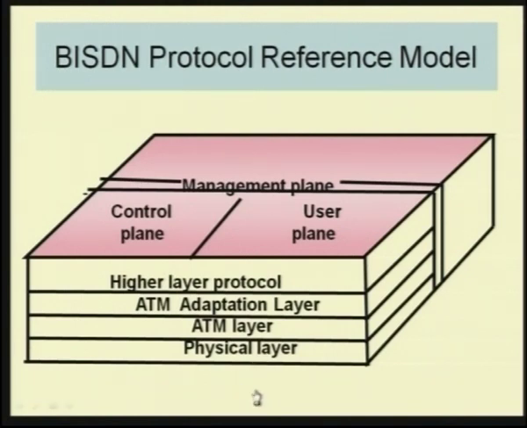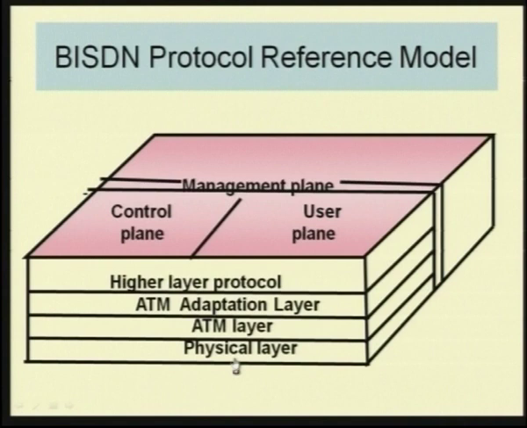You can see that there are basically 3 planes of operation that we talk about. We have something called a control plane, a user plane and a management plane. So, you have different functions that will need to be carried out by a BISDN protocol. That is, there will be some management functions to be done, some control functions to be done, and some user functions that need to be carried out.